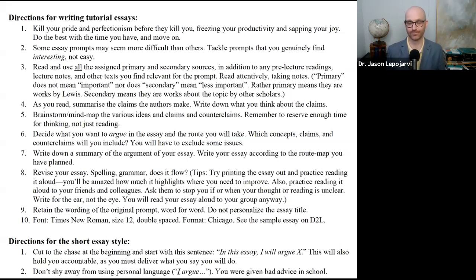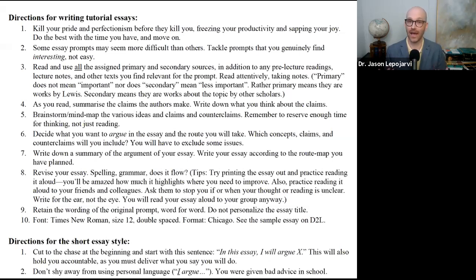So for example, if the course is on J.R.R. Tolkien, primary sources will be works by Tolkien. Secondary sources will be works about Tolkien by others or works about the topic at hand, whatever it is, sex or creation or virtue or whatnot.